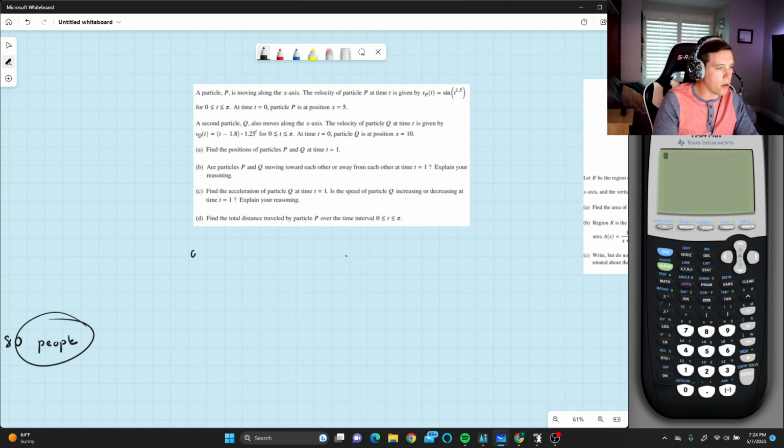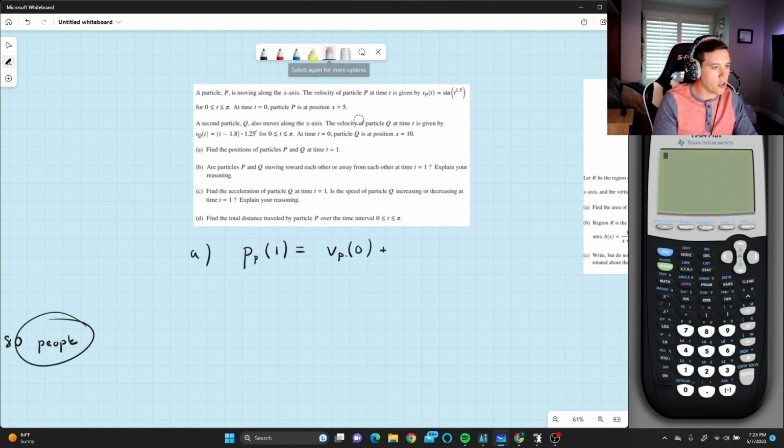All right, I don't know if I'll do both of those, but let's remind ourselves how to find the position. Now watch, here's the notation. Let's do P first. Position of particle P at time 1 is equal to initial condition plus accumulation. So the velocity of P at time, whatever they give me, which it looks like time 0.